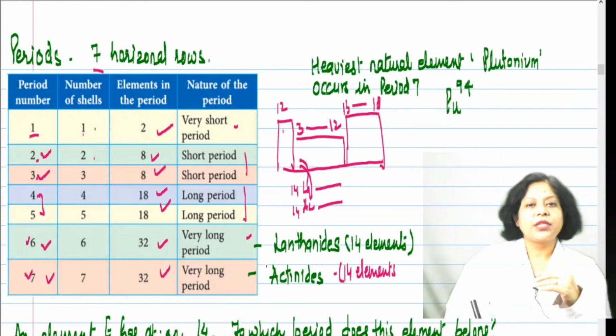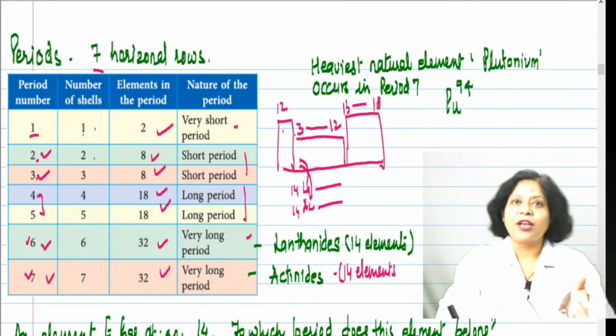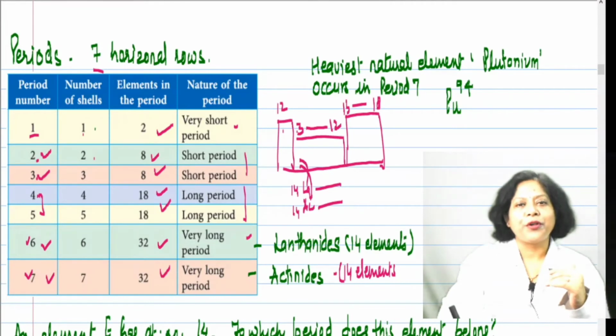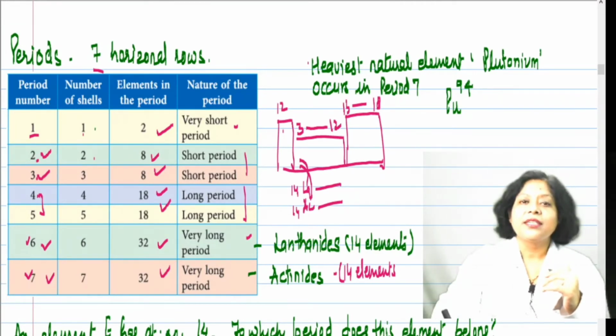This is why we call it the long form of the periodic table, with 18 vertical columns and 7 horizontal rows. Now children, remember, this is interesting: the heaviest natural element is plutonium.